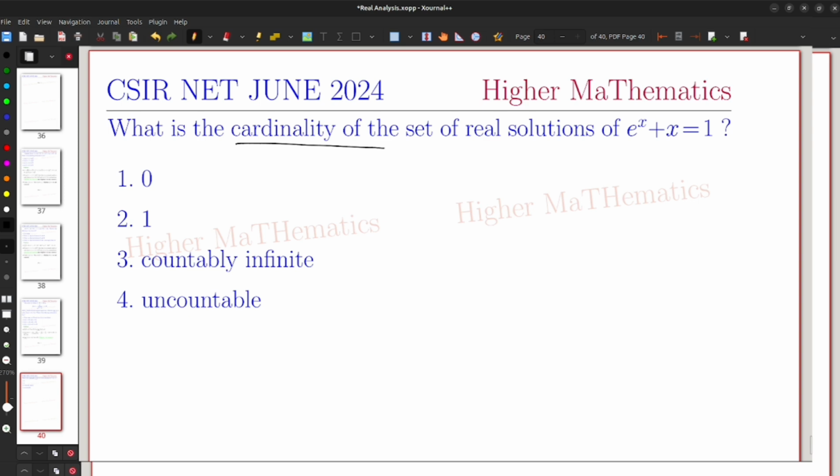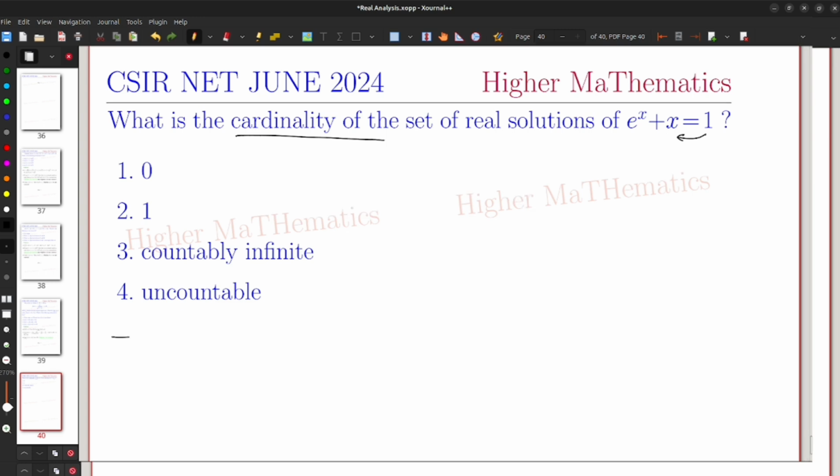To solve this question, I will first rewrite the equation by bringing 1 from the right hand side to the left hand side. So e to the power x plus x minus 1 equal to 0. So we have to find the cardinality of the set of the real solutions of this equation.